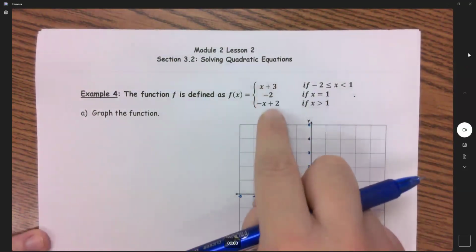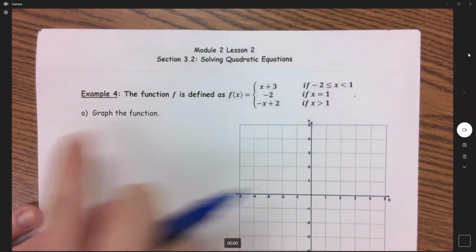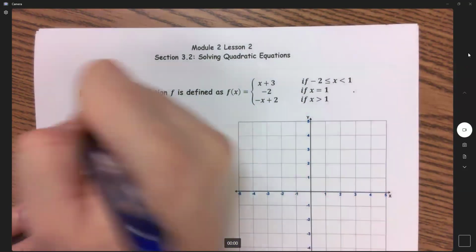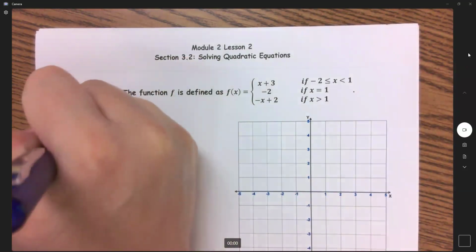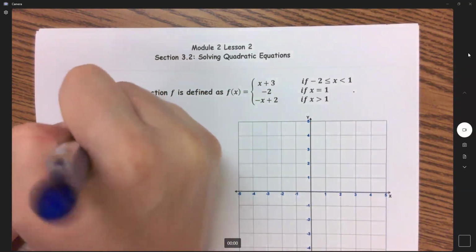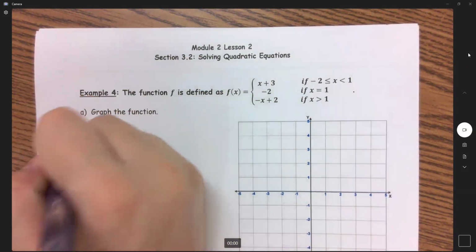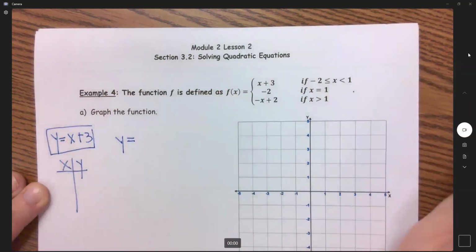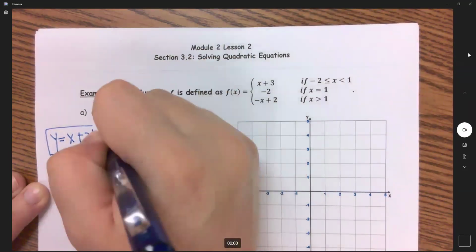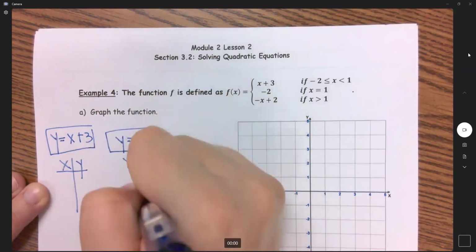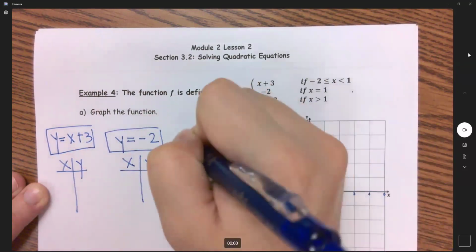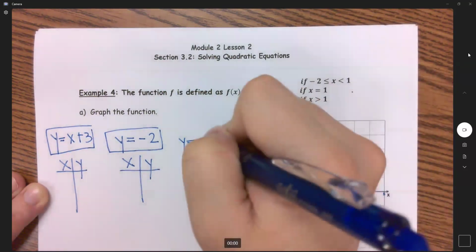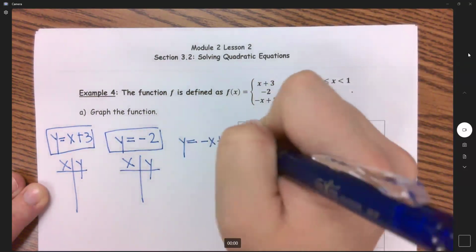I have 3 equations here, so I need 3 different tables. So we have y equals x plus 3. We have y equals -2. And y equals -x plus 2.